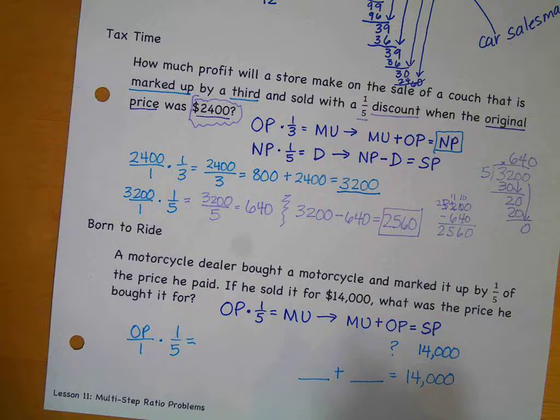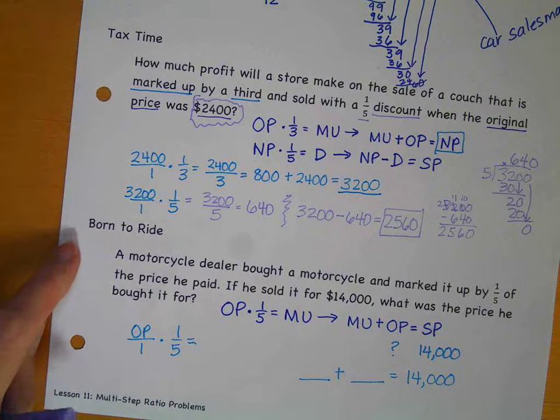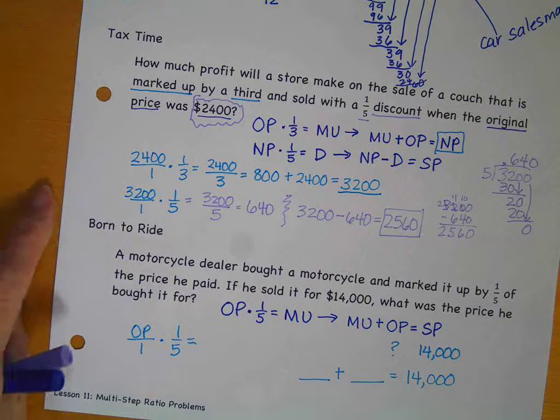Are you following me? We multiplied by 1/5 to get the markup, then added the markup to the original, and got $14,000. So we have to figure out what added to something gives us $14,000, but the markup has to be 1/5 of the original.